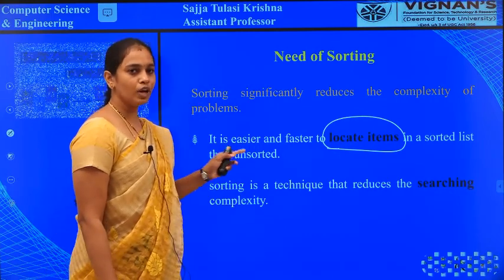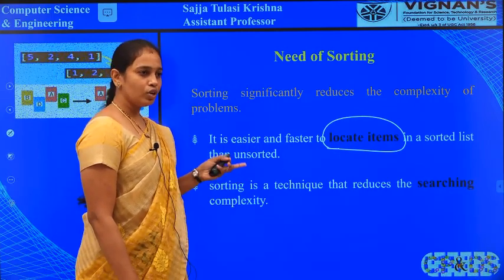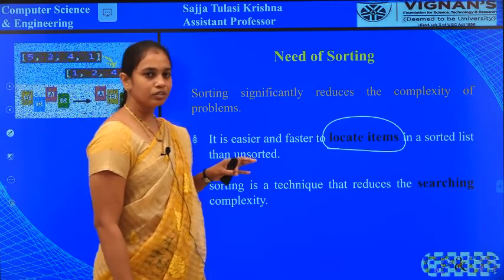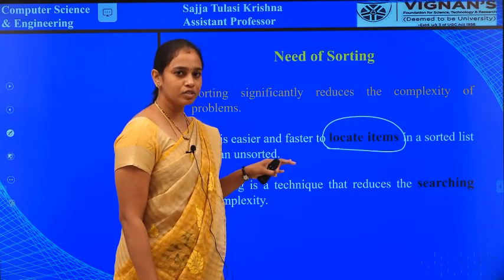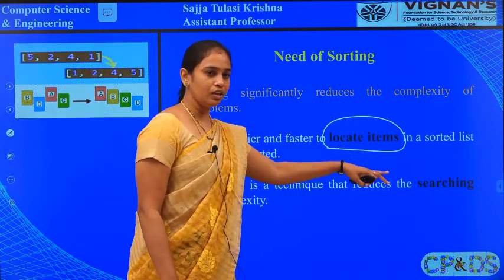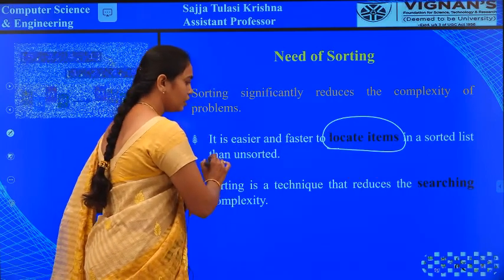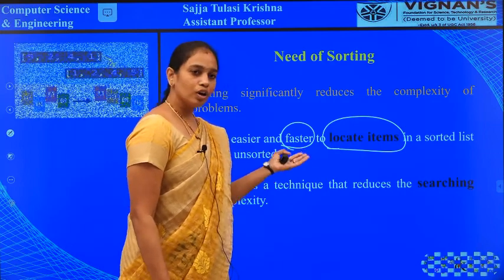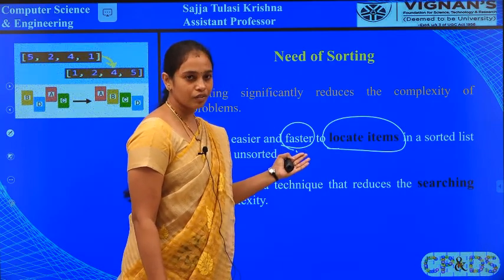If you place items in an unordered way, is it easy to locate them? No. So to locate the items easily, we sort the list, and then they can be found easily and faster.